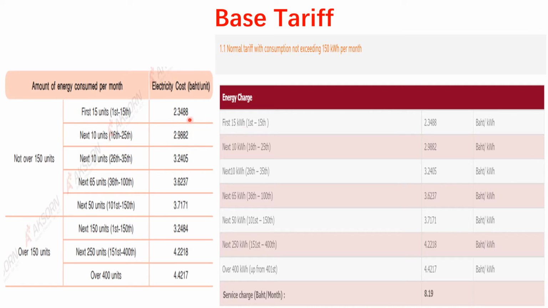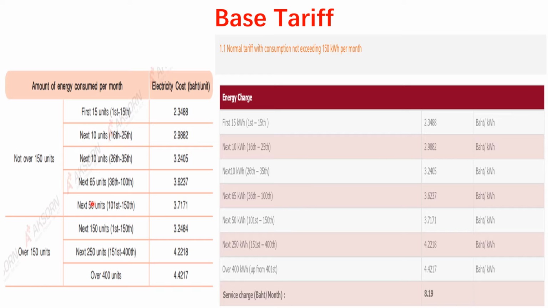So we can use the table in your book to solve the different problems. If you look at this table, not over 150 units, and this one is also not exceeding 150 units, so it's just the same.